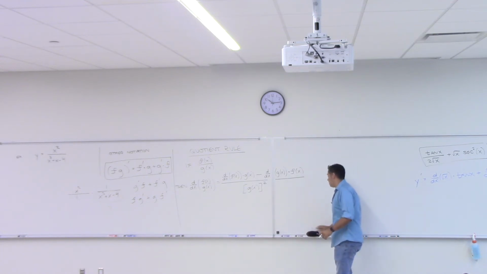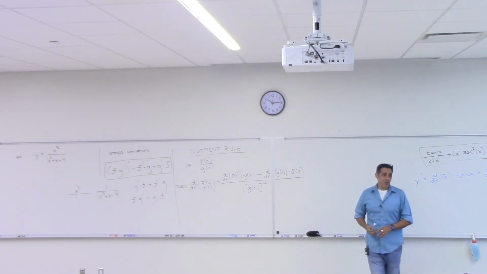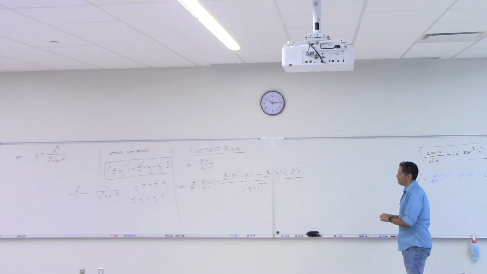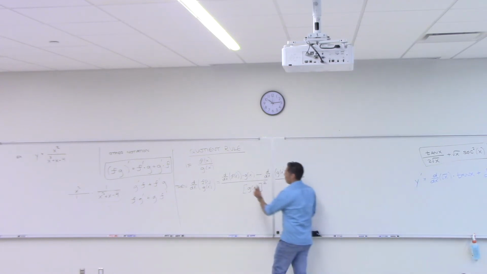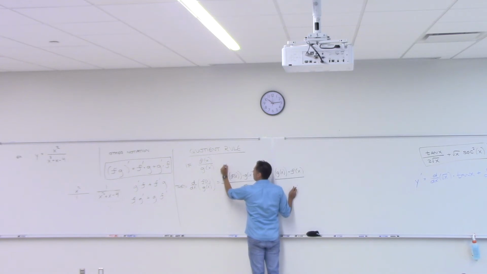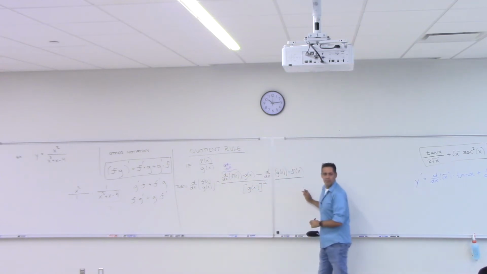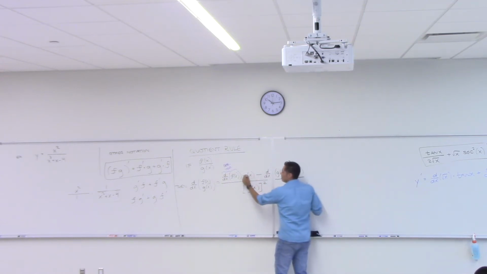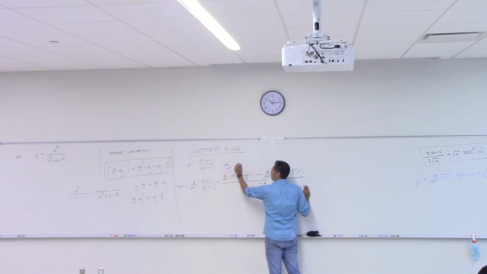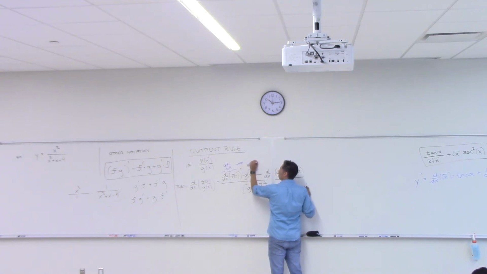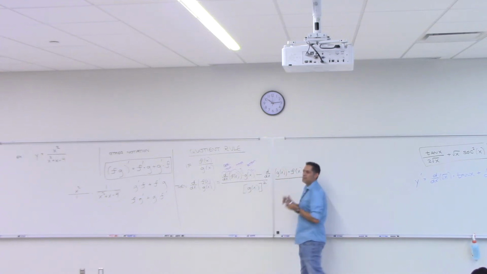Now I'm going to say this in words. This is the derivative of the top. That's what this is. Times the what? This, which is the bottom. You could say numerator and denominator, but I'm going to say top and bottom.